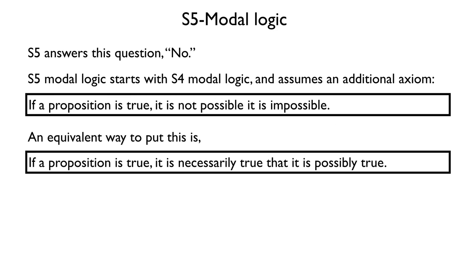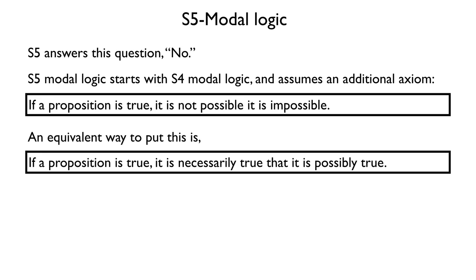Okay, so S5 answers this question no. S5 modal logic starts with S4 modal logic, so that every axiom of S4 modal logic is also an axiom of S5 modal logic, and then it assumes an additional axiom. If a proposition is true, then it is not possible that proposition is impossible.